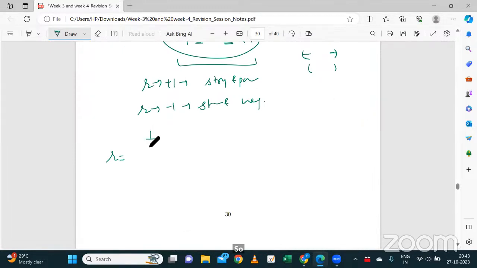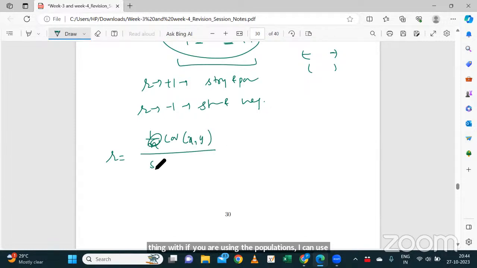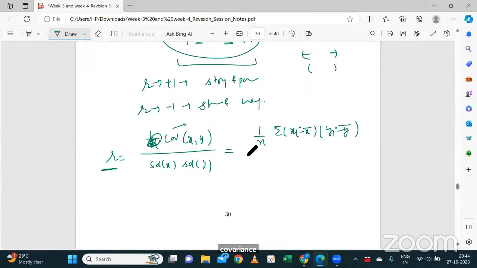If you are using the population covariance formula in the numerator, then please use the population standard deviation in the denominator as well. Don't use the sample standard deviation in the denominator and the population in the numerator. Why, I will tell you.